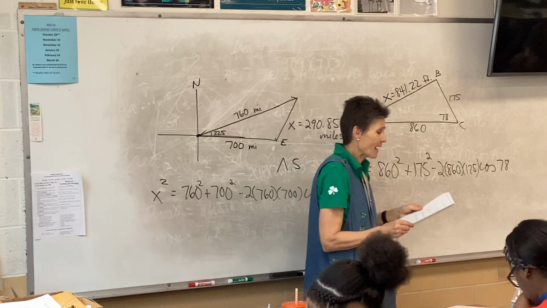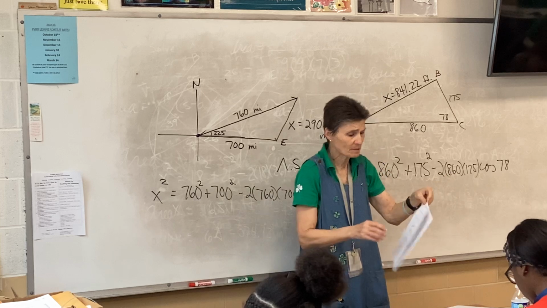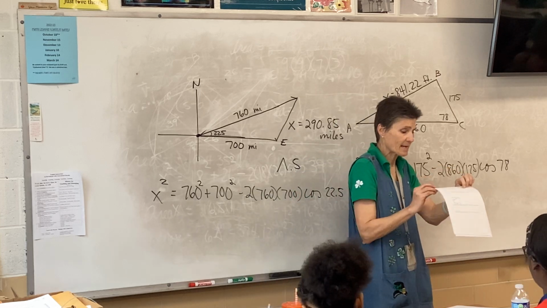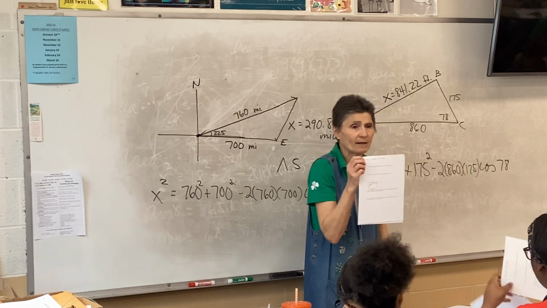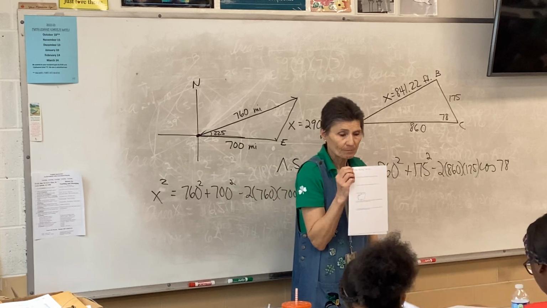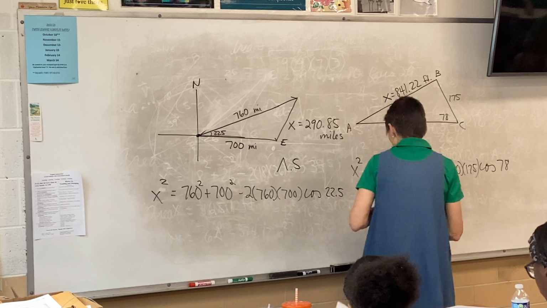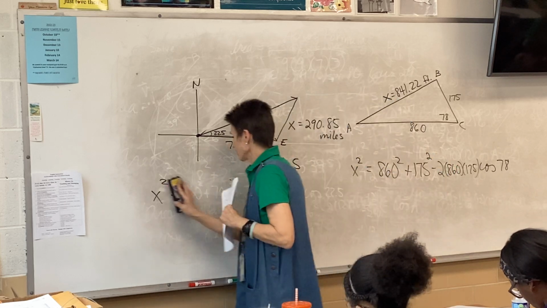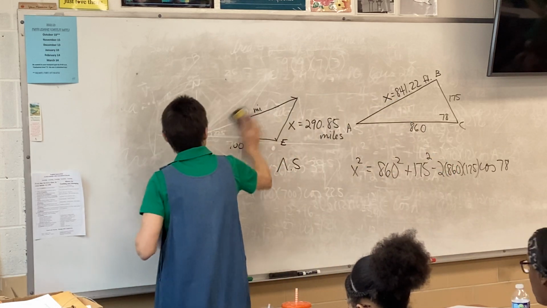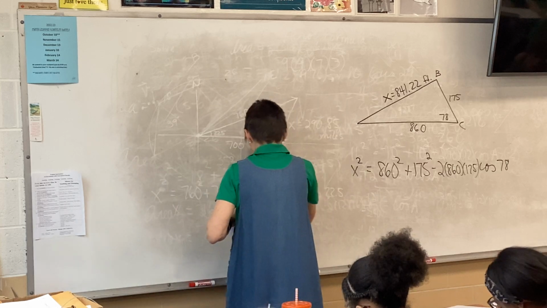I'd like you in the packet that I gave you to turn to the very last page. The very last page says extra practice, 5-5, 5-6. The front of the very last page. And in the middle of the page is a weird shape.